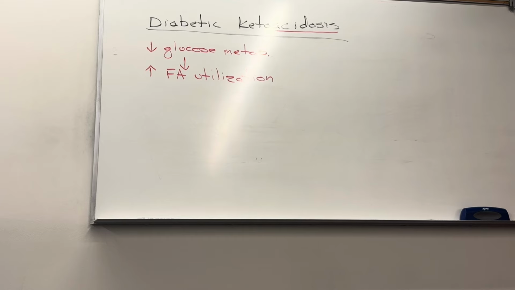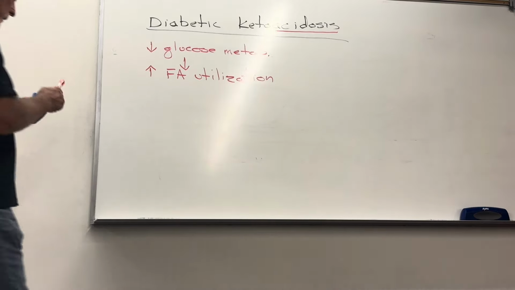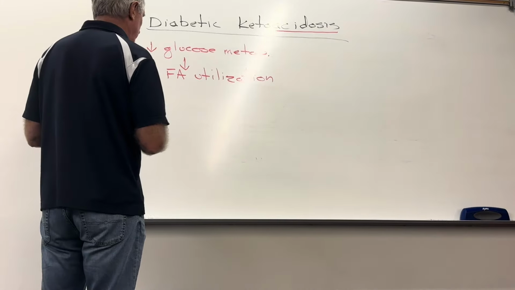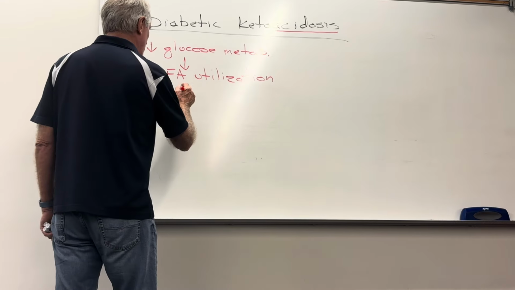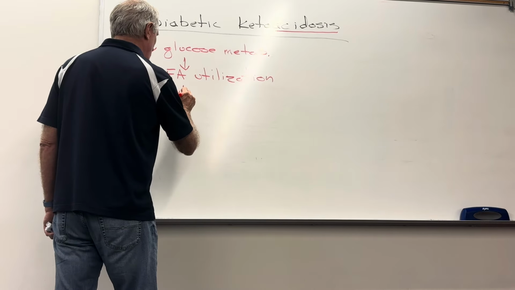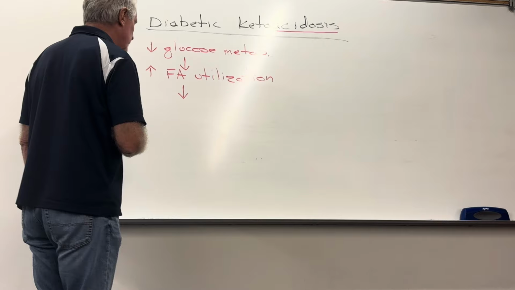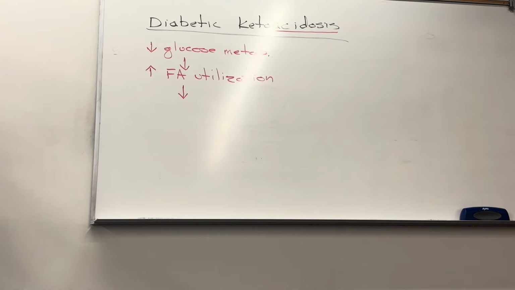How do they enter into the Krebs cycle? Beta oxidation, that's right. And so with this increase in fatty acid utilization, we have an increase in what are known as ketone bodies. Ketone bodies are the result of metabolizing fats.